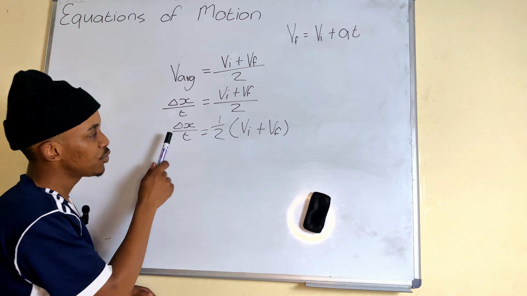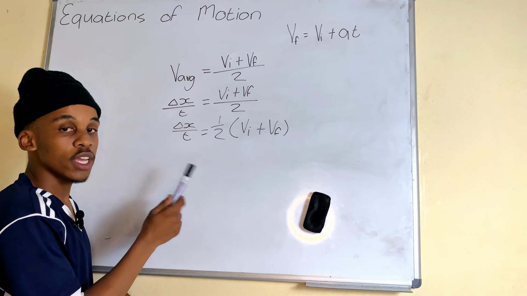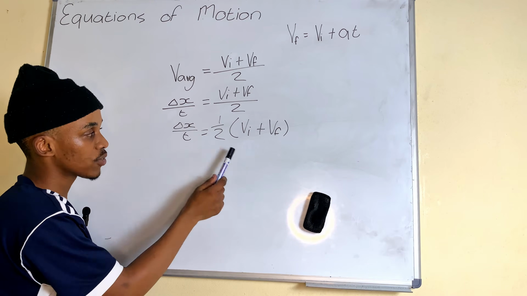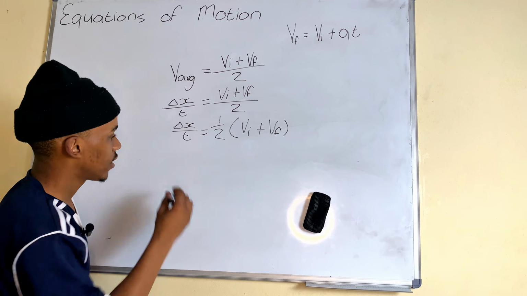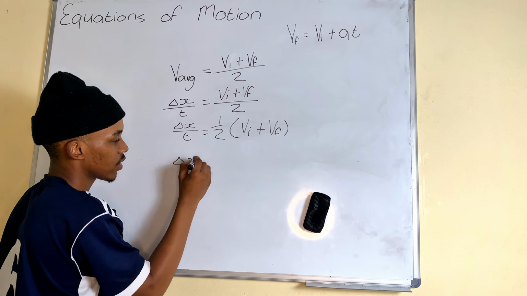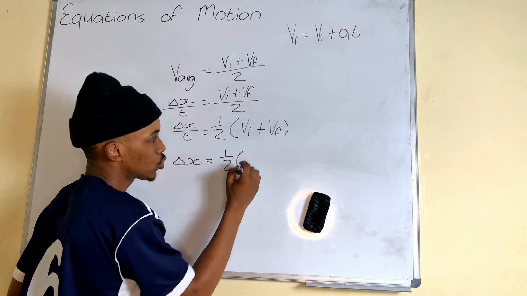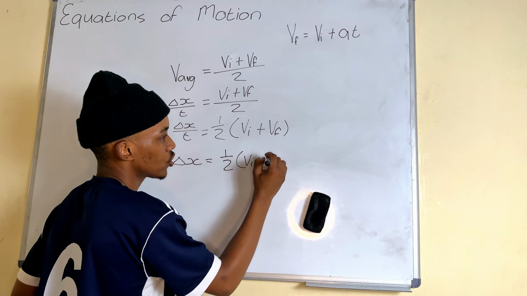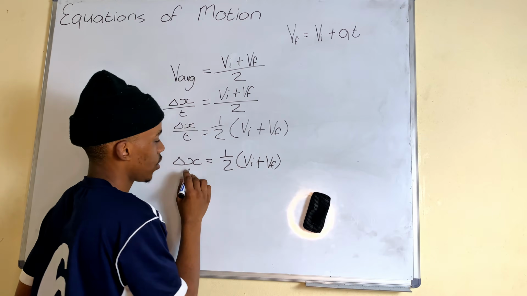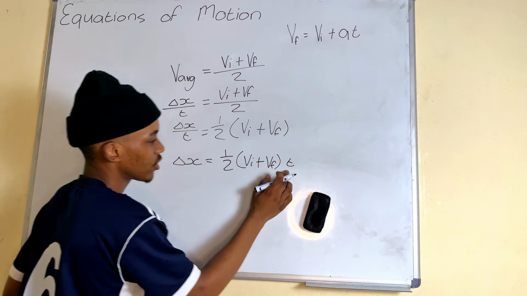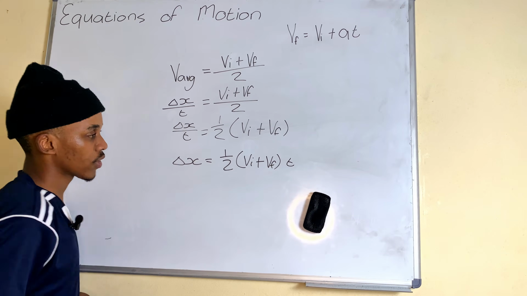Alright, and if we solve for the displacement, or if we multiply both sides of the equation by t, this will give us our displacement equaling half of v initial plus v final, where t multiplies with everything.